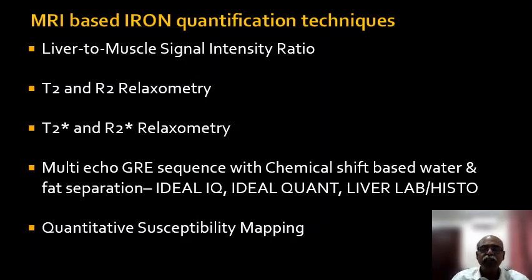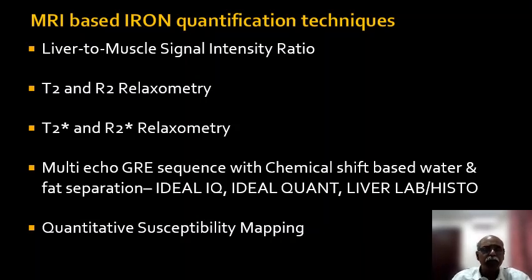So when you give these multiple echoes into the liver, the output is in 6 forms, and the advantage is you can get fat, like proton density fat fraction, and you can get iron as R2 star. What is R2 star? I'll come to that in the next couple of slides.